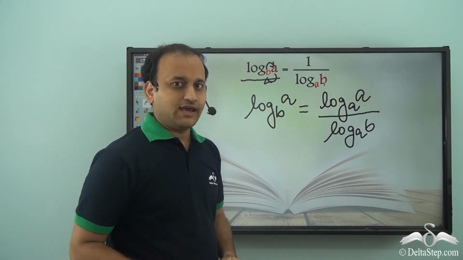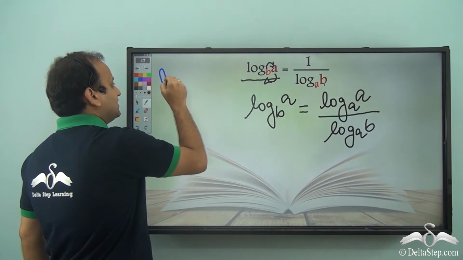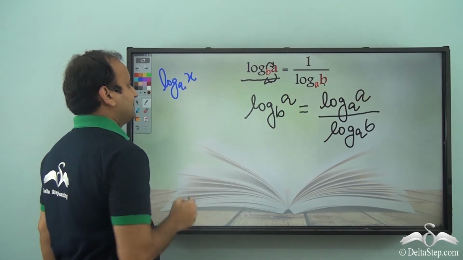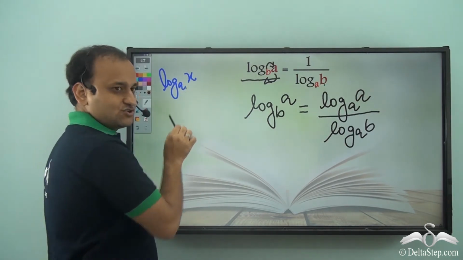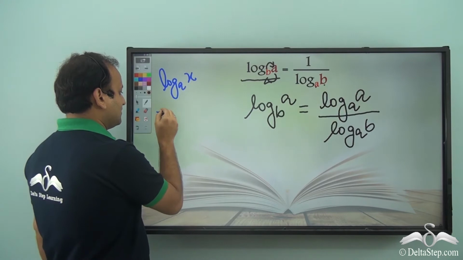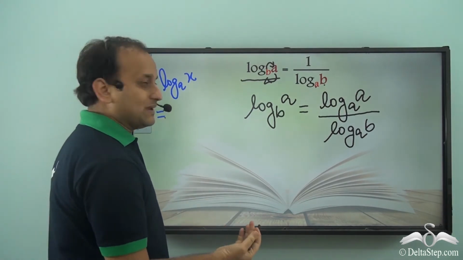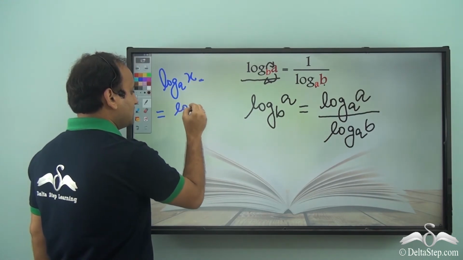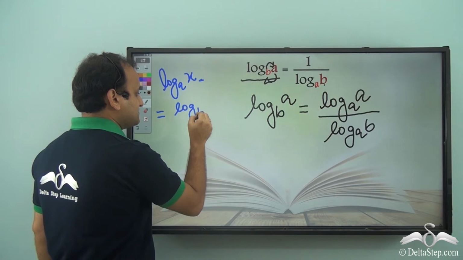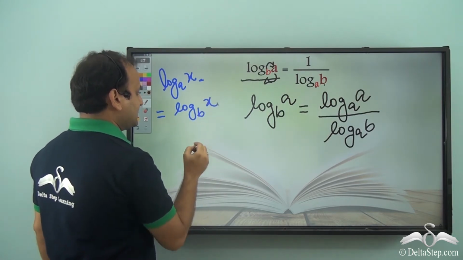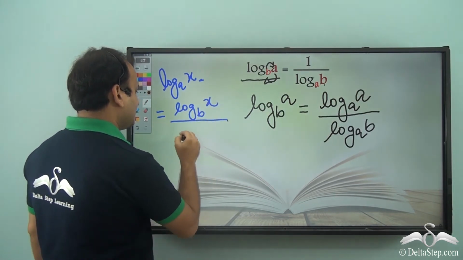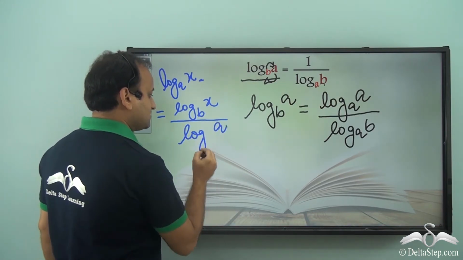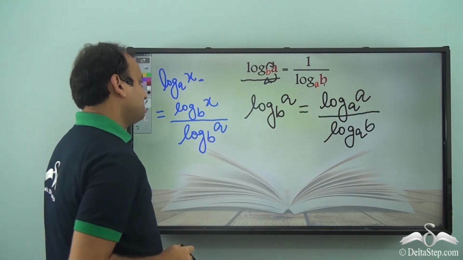So what is the change of base again? It is nothing but, if we have an expression like log x to the base a and we want to change the base of this expression, then for example, let's take the new base as b, then we can write this expression as log x to the base b divided by log a to the base b, where the older base becomes the argument, and the new base is b.